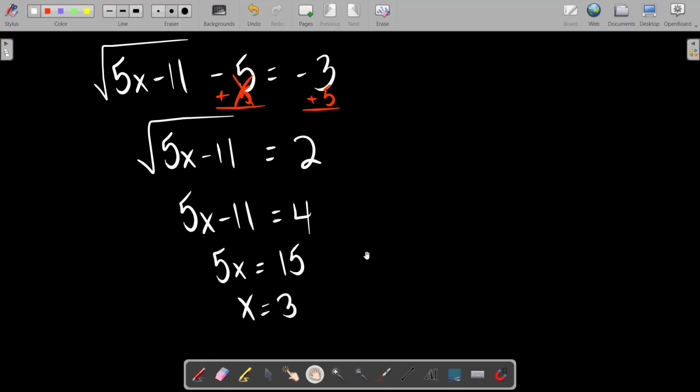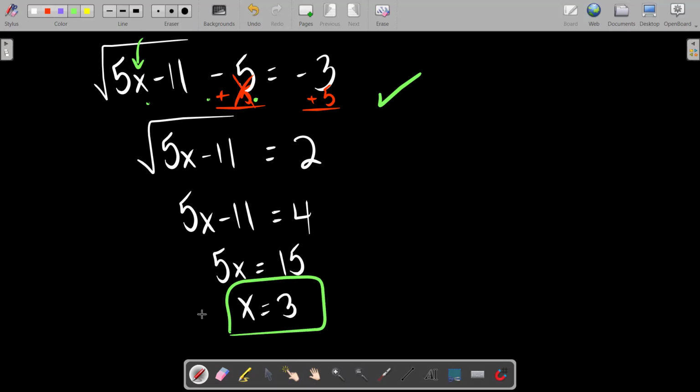Okay. So just super quick, stick it in there. Put a 3 right up here where the green arrow is pointing. What's 5 times 3? 15 minus 11 is 4. Square root of 4 is 2, and 2 minus 5 equals negative 3, works. So x equals 3 can have a box.